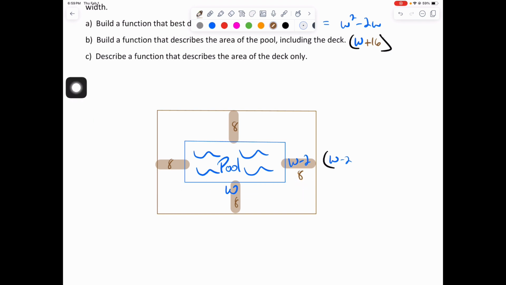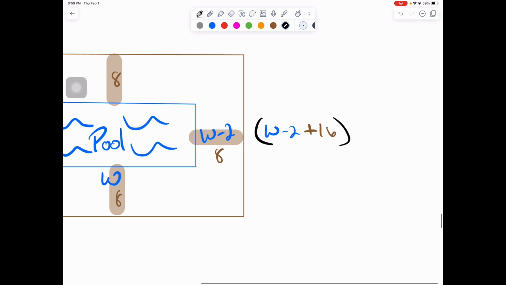So if we do plus 16 and close, we can combine some like terms here. Sorry, it's not the greatest writing, but I'll circle my negative 2 and my plus 16, and that can simply become W plus 14.